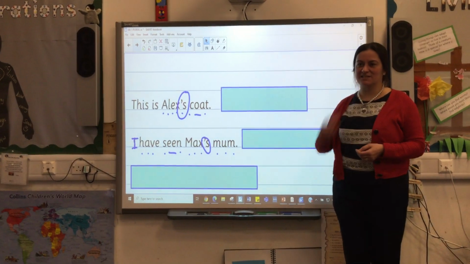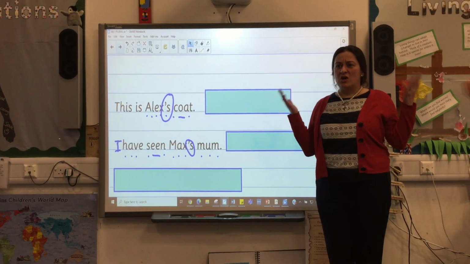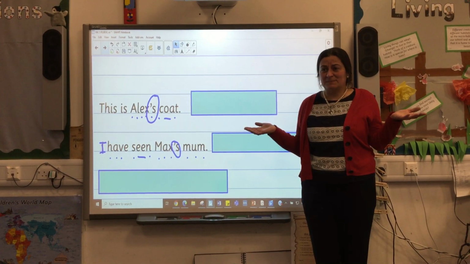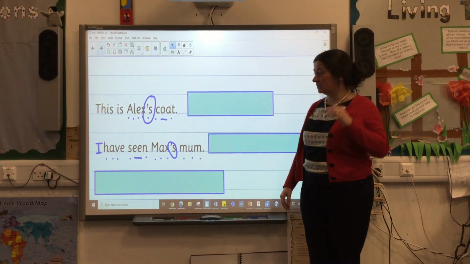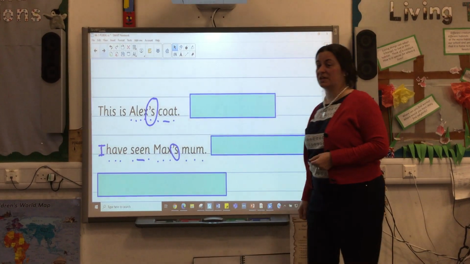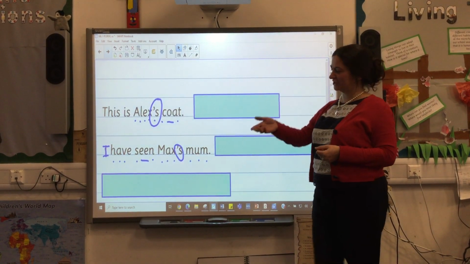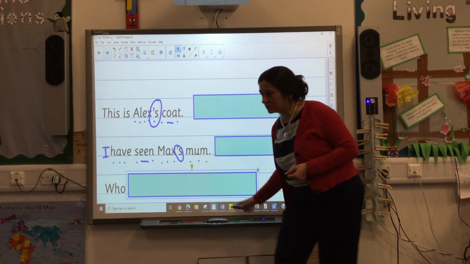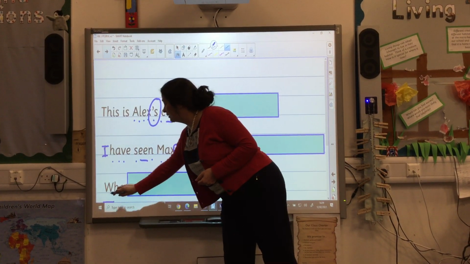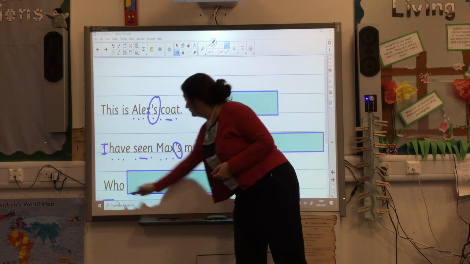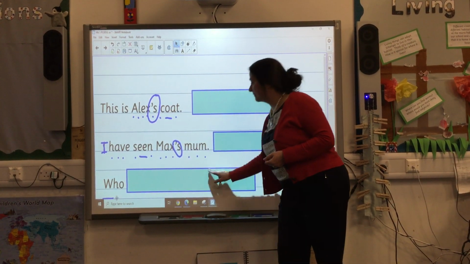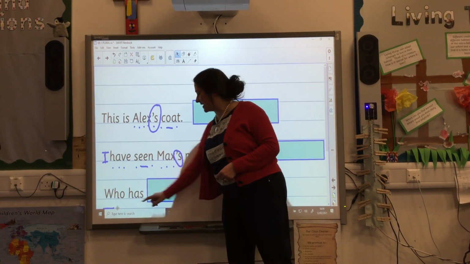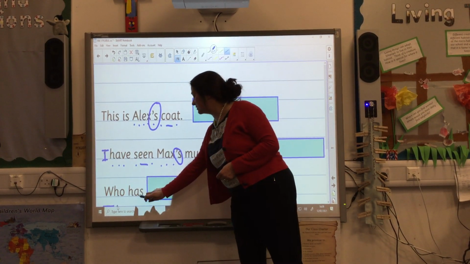And here's your last sentence. Who has seen Jack's bag? Pause if you need a bit more time. Check and change. Who, check how to spell the phoneme. Who has, it makes a Z sound, but check your spelling. We need an S at the end.